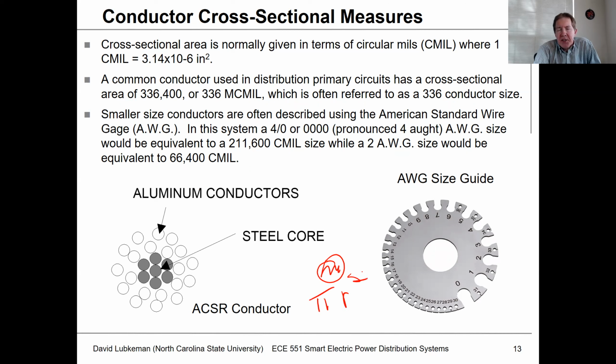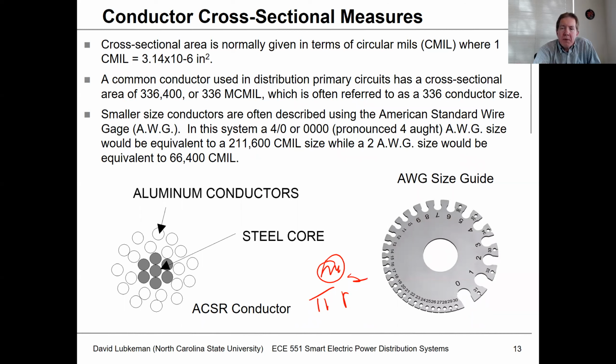If you had a small wire with a radius of 1/1000th of an inch, that would have an area of 3.14 times 10 to the minus 6 inches squared.